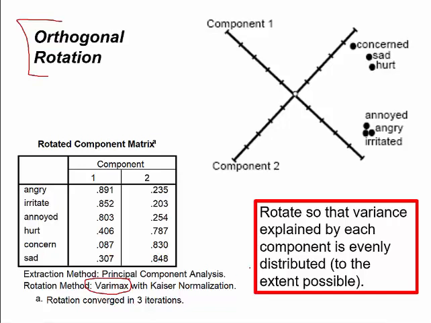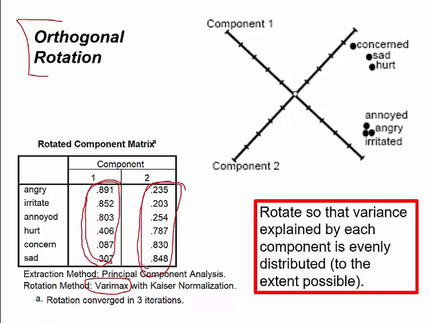Varimax rotation is a process of rotating the x and y axes so that when we calculate the percent of variance explained by component 1 and by component 2, or by factor 1 and factor 2, note that normally when we have an unrotated solution, the first component explains the most variance and the second component explains less.